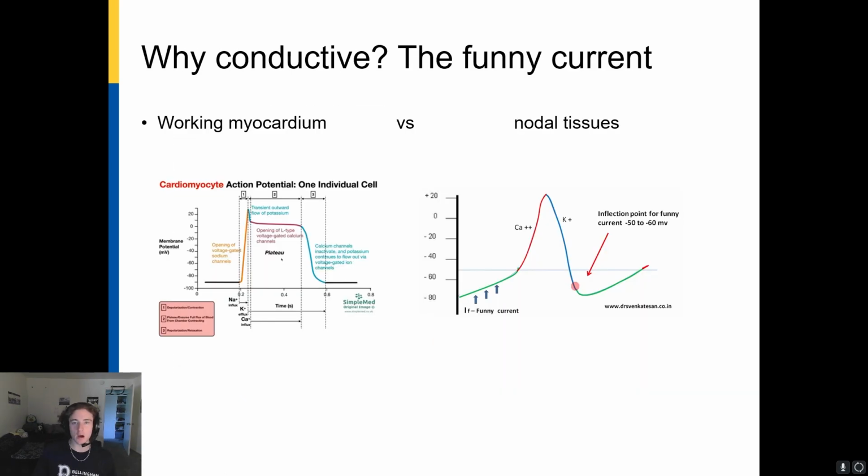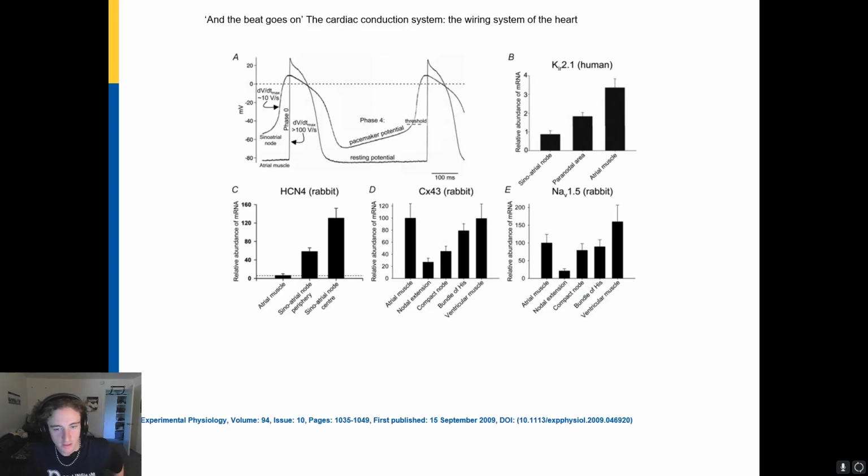All right, so now moving on to look at a different diagram. We're going to look at the reasons for that difference in potential. So here, again, this is from this paper. We have this diagram which overlays atrial muscle versus the SA node. And we can see that difference, right?